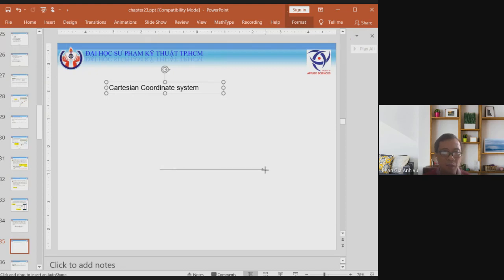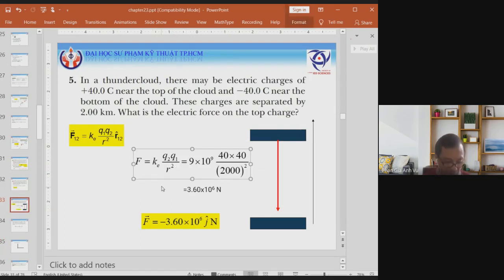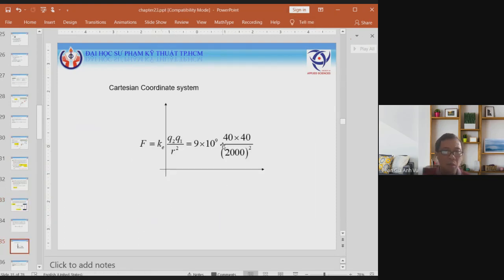The horizontal one is normally called the x-axis. The vertical one is called the y-axis. And normally we call the origin of that O, right? O stands for the origin of the axes, of a coordinate system.